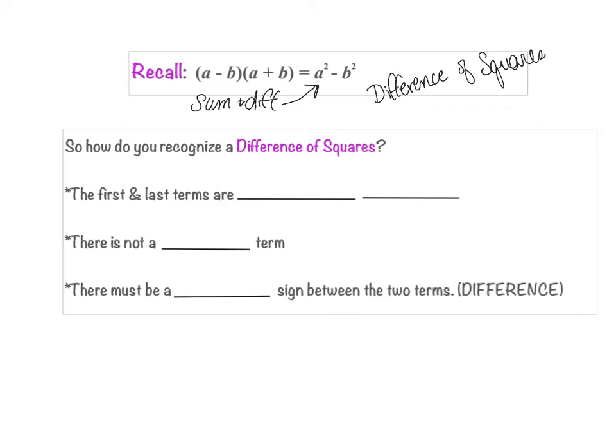So how do you recognize a difference of squares? Okay, so remember what we're talking about is the answer here. So how do we recognize that? Well, the first and the last terms would be perfect squares. There is not a middle term, which is that bx term.